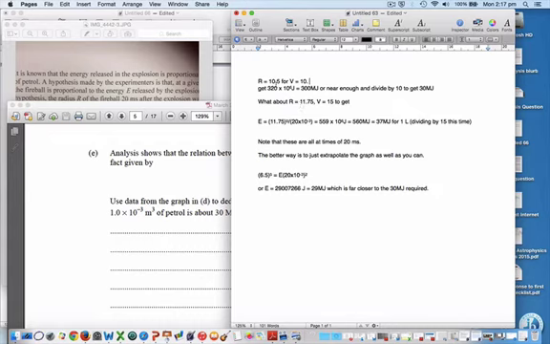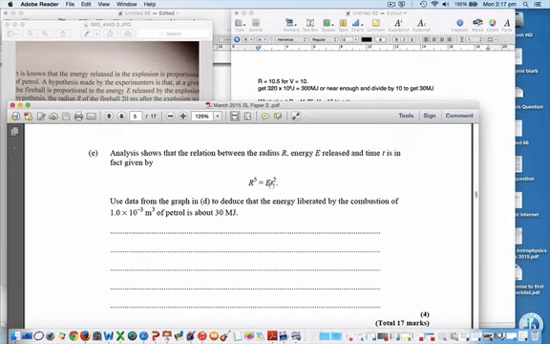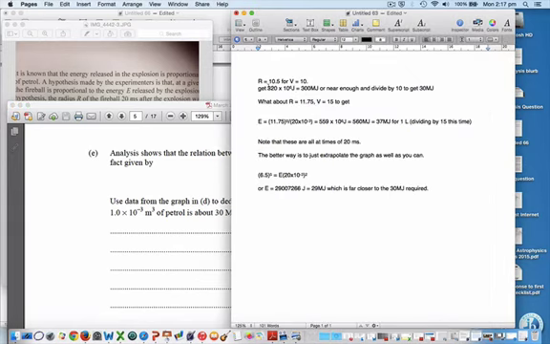And so we have 10.5 to the power of 5 divided by 20 times 10 to the power of minus 3 all squared to get a value of the energy of 320 times 10 to the power of 6, which is around about 300 megajoules. That's for a volume equal to 10, but we want a volume equal to 1, so therefore take that number there, divide by 10 to get about 30 as required.